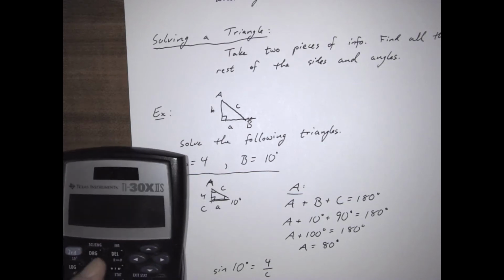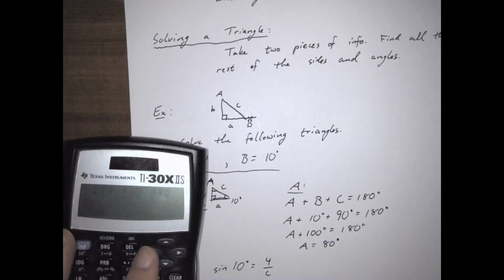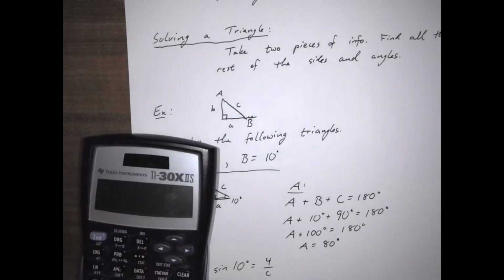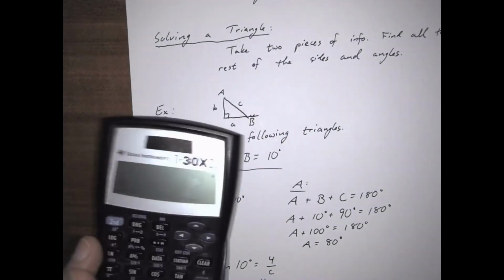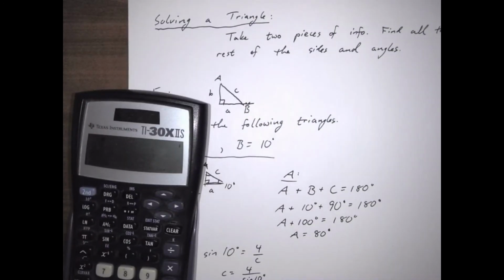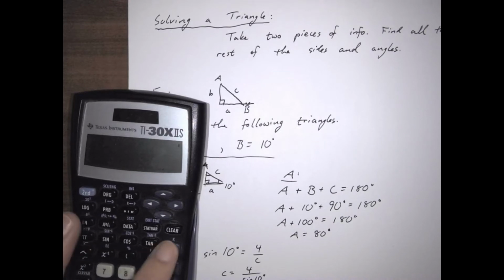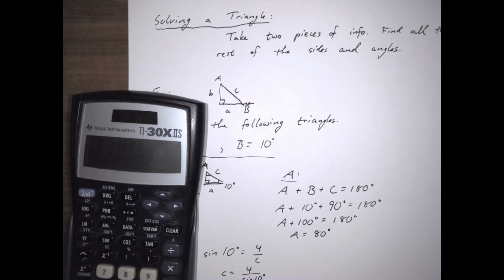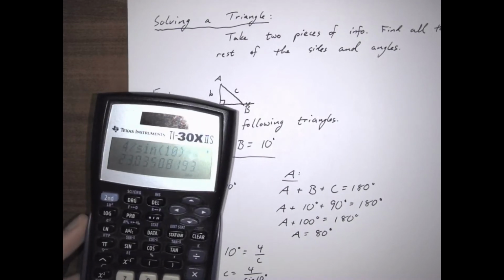So you would make sure your calculator was in degrees, always a first step in any trigonometry calculation. Make sure that your calculator fits what you want it to be in. And so we just do 4 divided by sine of 10. So it's 23.03.